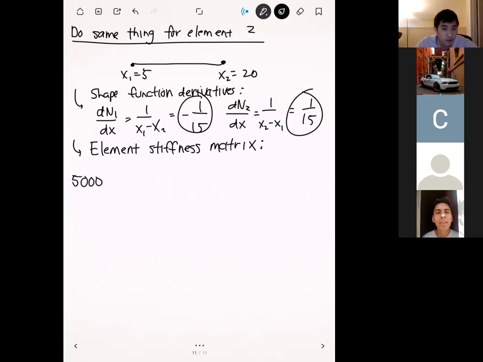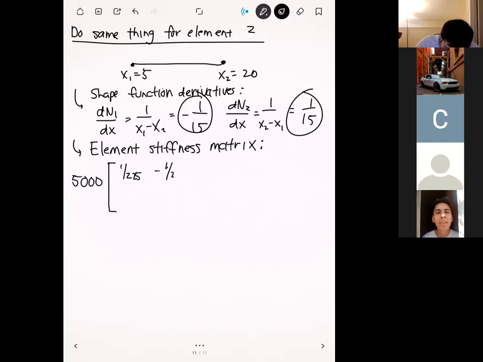So first thing I'm going to note is that, remember, our Young's modulus here is 5,000. And then the 2x2 part where we multiply all the shape function derivatives, I'm just going to basically put in the terms here. And so we're going to have minus 1 over 15 times minus 1 over 15. And so that's going to give us positive 1 over 225, I'm sorry.